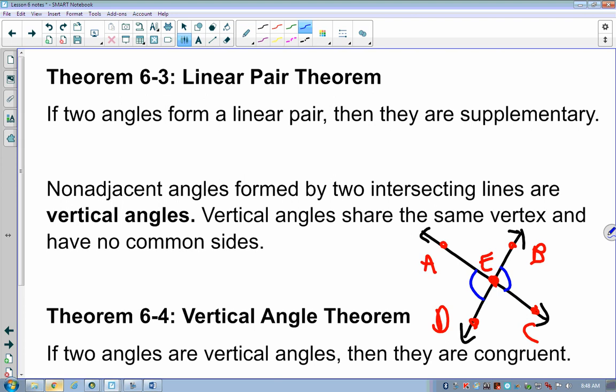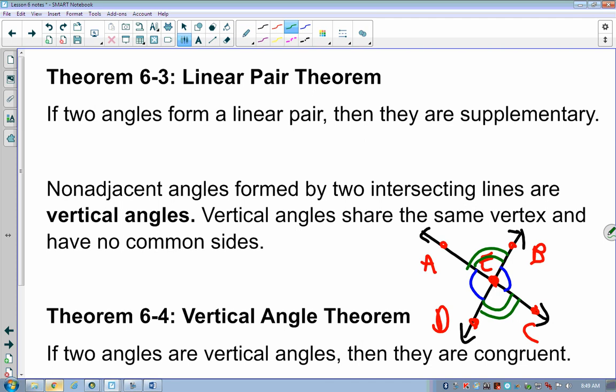Okay, vertical angles. Can anybody show me another pair of vertical angles that exist there? Okay, go ahead. AEB and DEC are vertical. They're opposite to each other. Now, one of the things I want you to understand, it may not be in this lesson. Actually, no, it is. It's the very next thing.